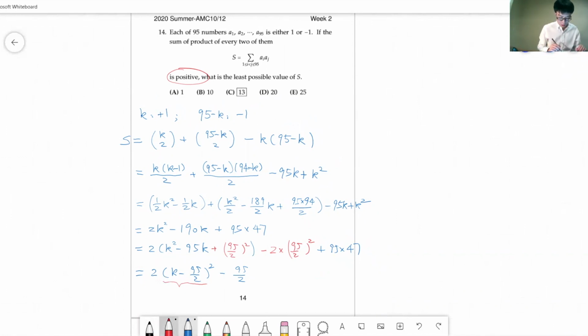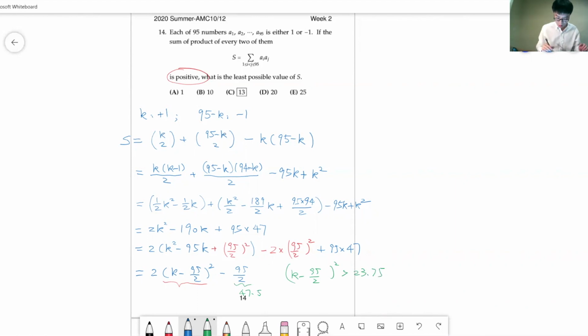And for the latter part, we know that 95/2 is 47.5. So 2 times this square is larger than 47.5. So we need (k − 95/2)² to be larger than 23.75. And we know k is an integer.